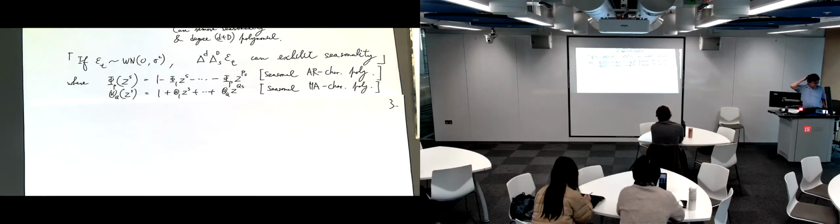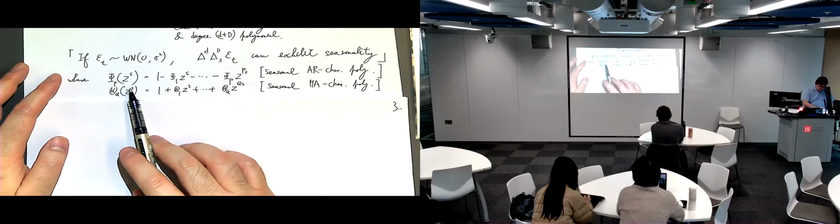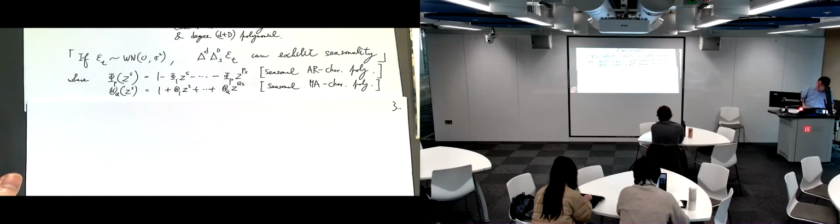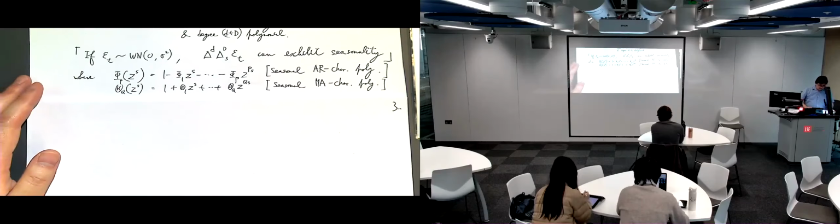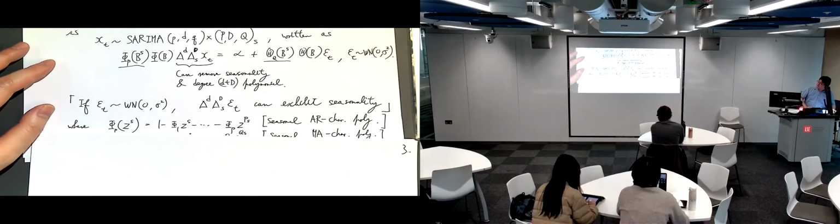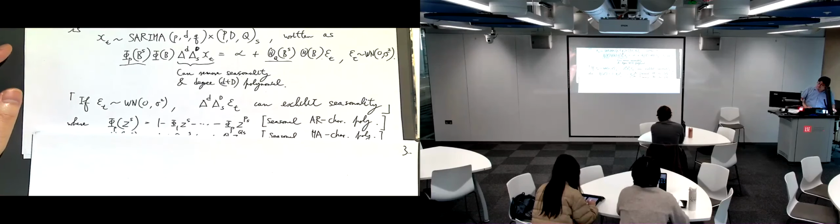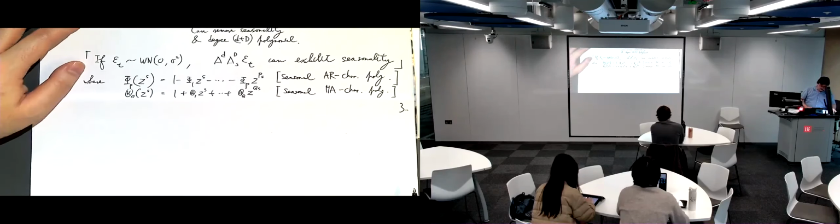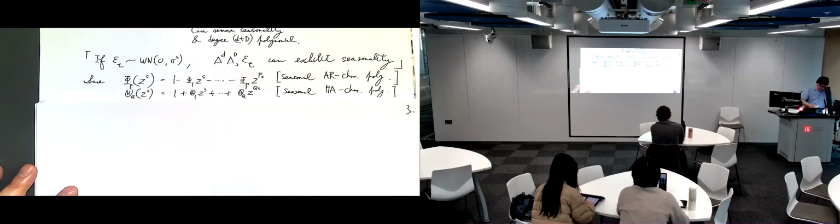So the phi and theta are the usual AR and MA characteristic polynomials respectively. And how do people do model selection? This is, after all, model selection for this type of complicated seasonal ARIMA model.